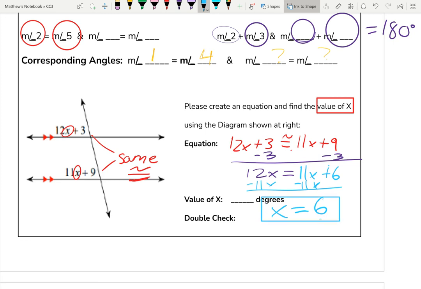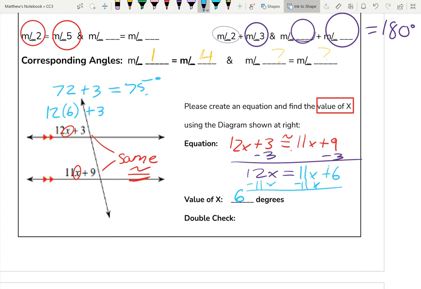So the value of x is 6 degrees. And if I were to plug that into this equation here, I'd have 12 multiplied by 6, which would give us 72 plus the 3 equals 75 degrees. And then over here, let's make sure this also equals 75 degrees.